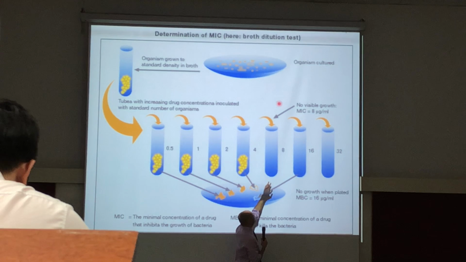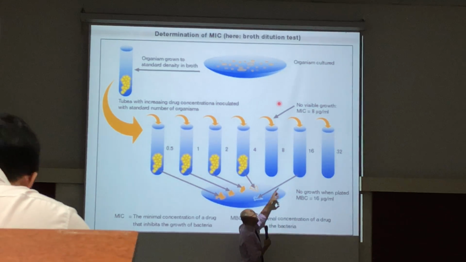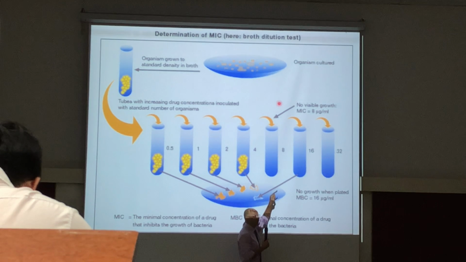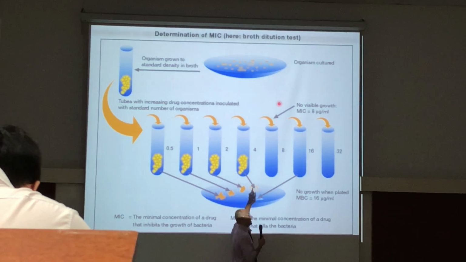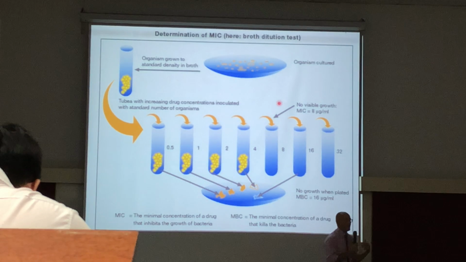It means that at 8 microgram per ml, the bacteria is inhibited. They cannot grow. And this is the plasma concentration that you have to reach in your animal in order to kill this bacteria, not kill, to inhibit this bacteria, right? This is for the MIC.